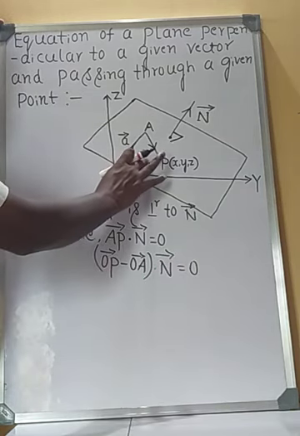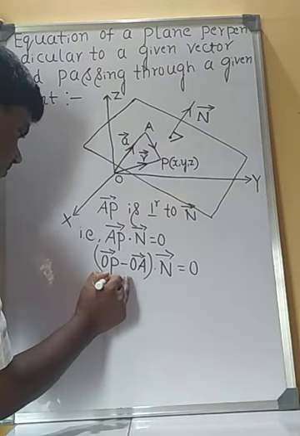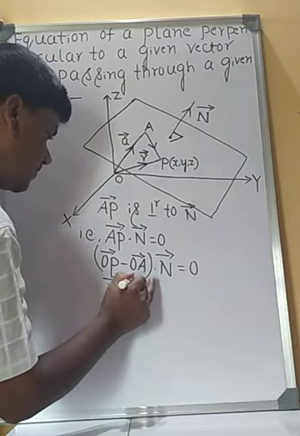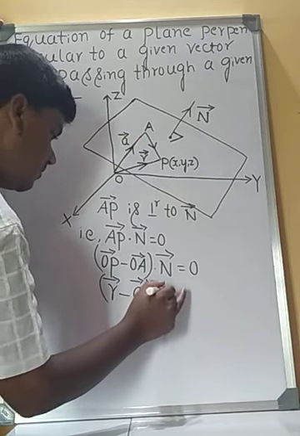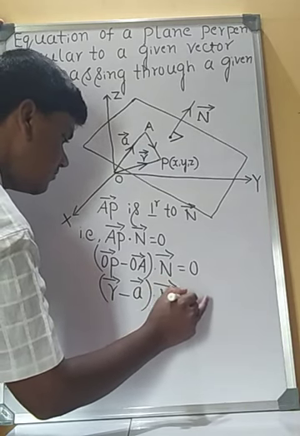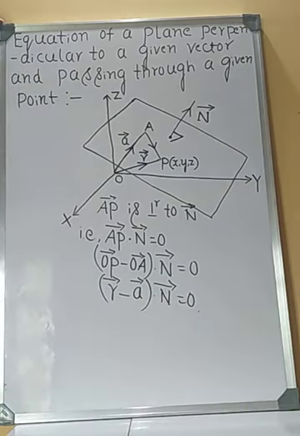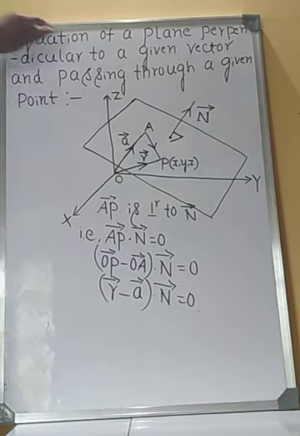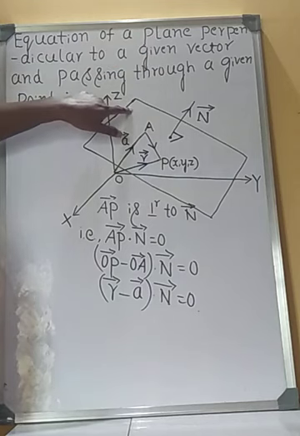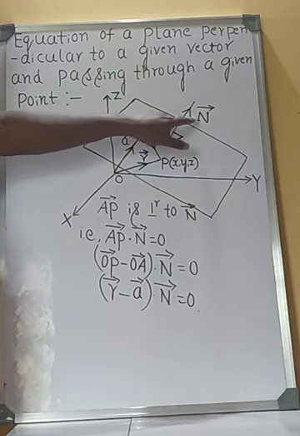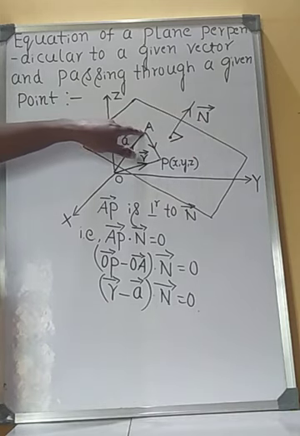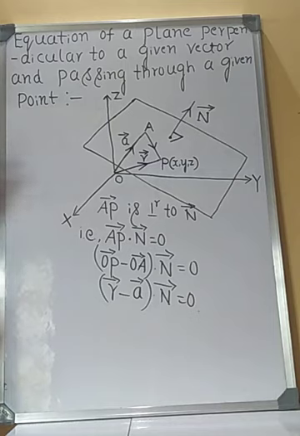OP vector is r vector, minus OA vector is a vector, dot n vector is equal to 0. This is the vector form of the equation of a plane perpendicular to a given vector n vector and passing through a given point A.